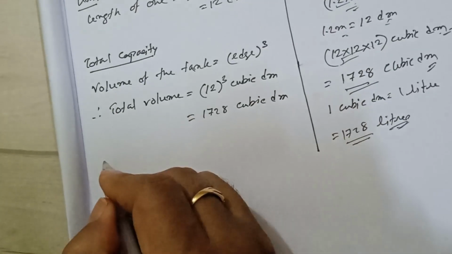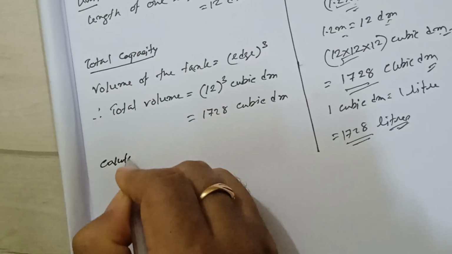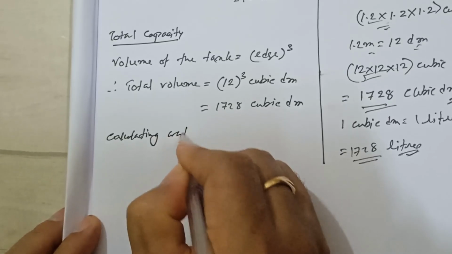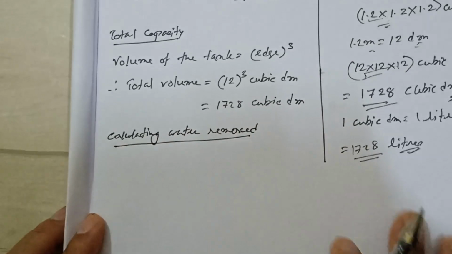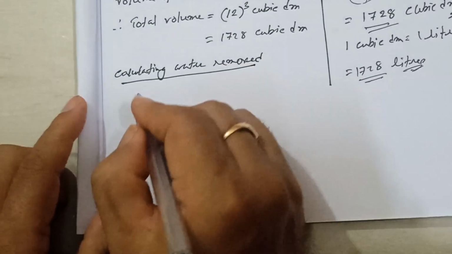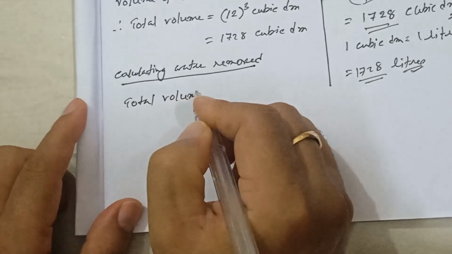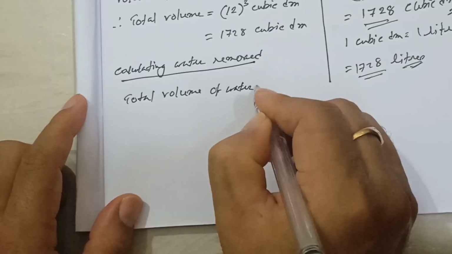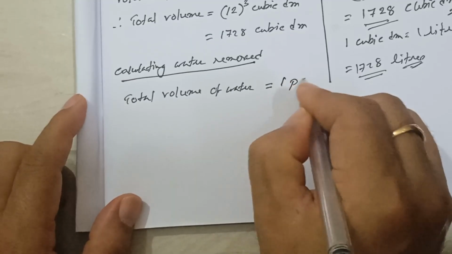Then calculating the water removed. The total volume of water in the tank is 1 part.